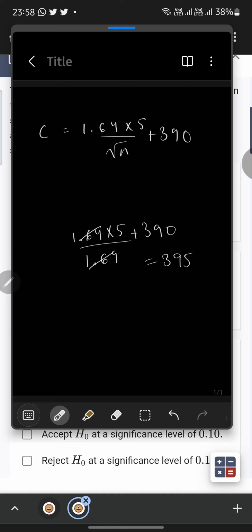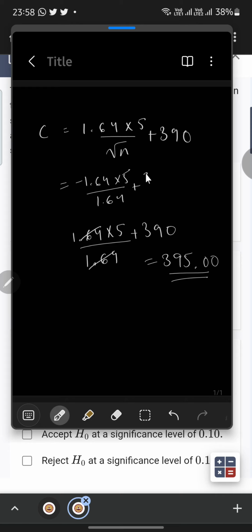I don't know why they have written correct to 2 decimal places, but yeah, you can just write 395.00, or we can recheck it. Another value we will get is minus 1.64 into 5 by root n, plus 400 here.